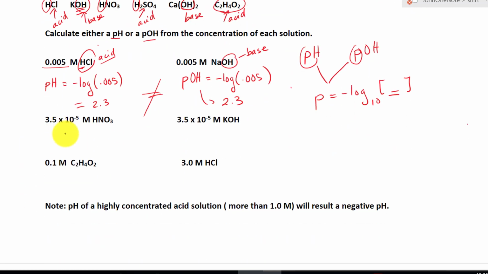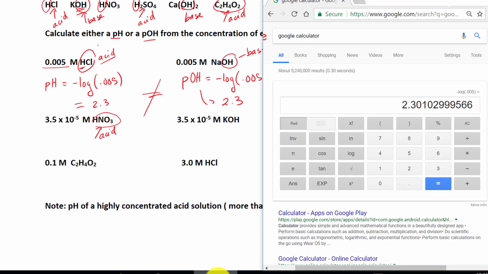Now, let's try a more complicated problem. Here we have the same thing, right? In this case, this one is not a base because it doesn't have an OH somewhere, so this must be an acid right here. And let's plug this into our calculator. How would I plug it into our calculator with scientific notation? So the same thing, let's erase this. I have negative log of 3.5, and what do we use to represent times 10 to the power of something?